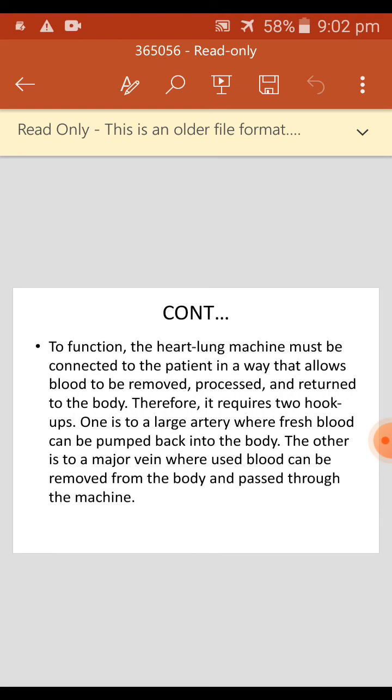Electronic or mechanical gas blender. Anesthetic gas vaporizer. Electronic documentation system. Additional HLM components: one is water meters, another one is heater-cooler device.